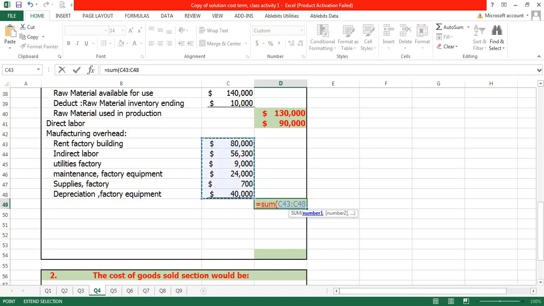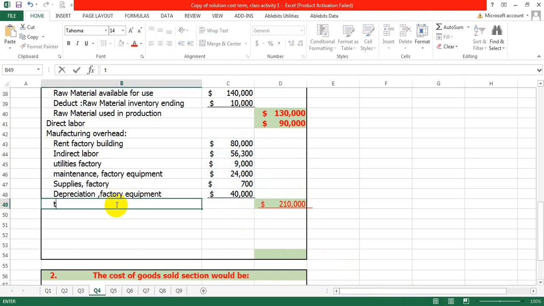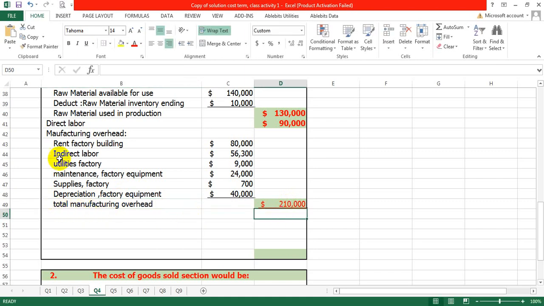It is selected. Okay, 2,10,000. So total manufacturing overhead is 2,10,000, right?